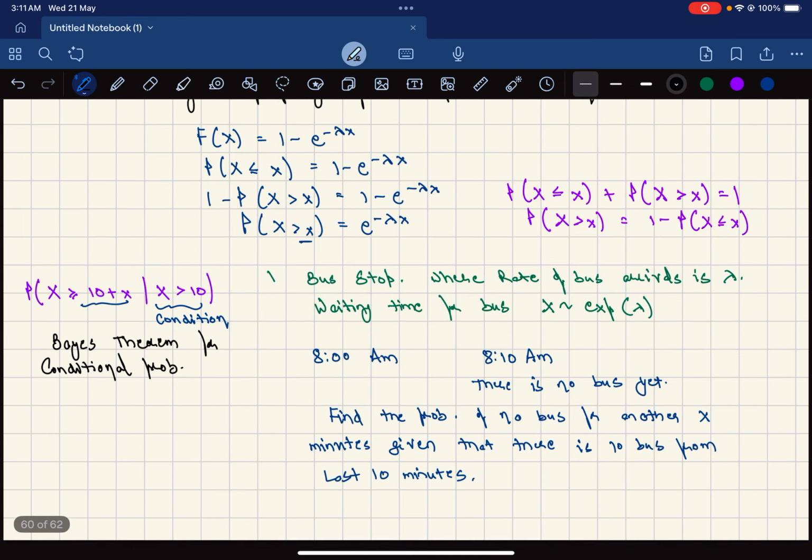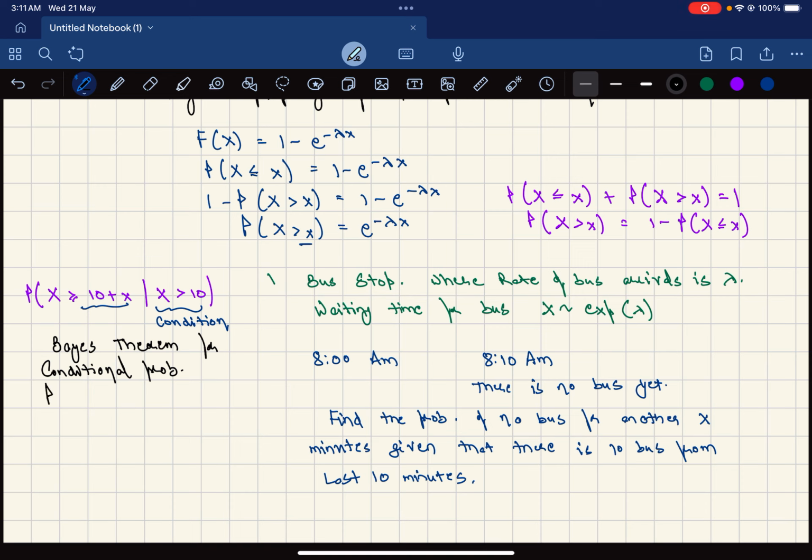What this theorem suggested was, for any two events A and B, the probability of A happening given that B has already occurred was given as probability of A intersection B, where by intersection we mean that both A and B have to occur, divided by the probability of B happening.